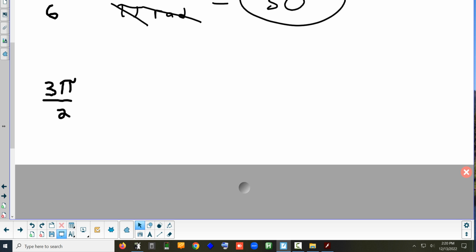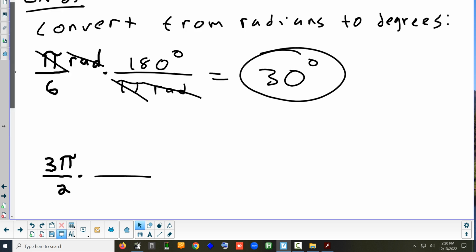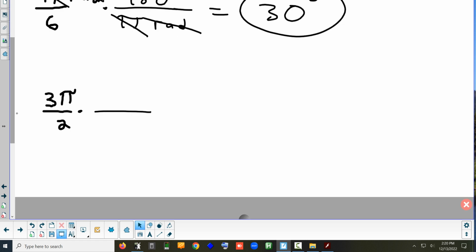All right, let's try this one. 3 pi over 2, and then we'll do one where we round. Same directions. Convert from radians to degrees.